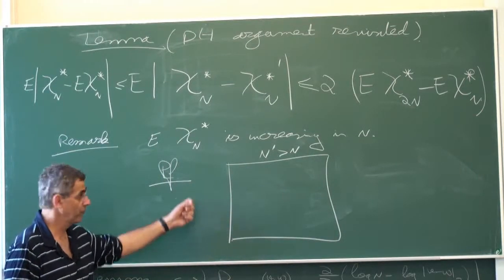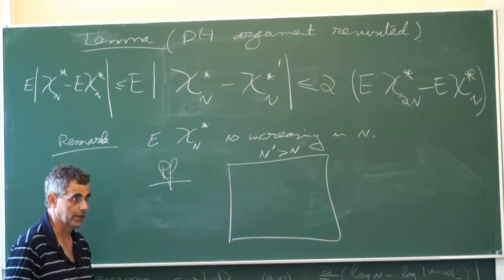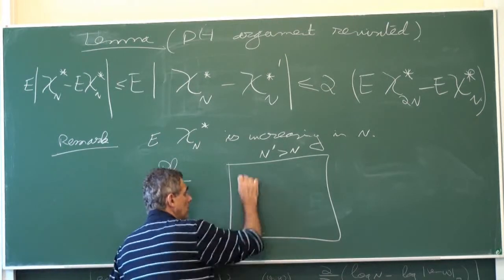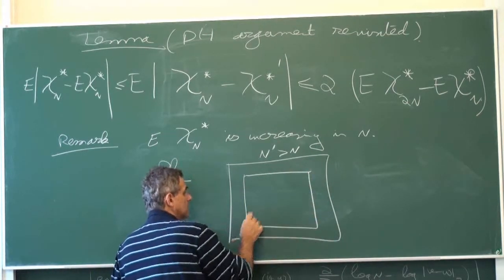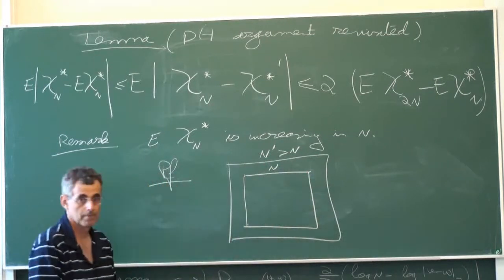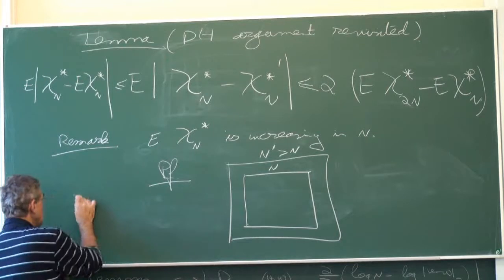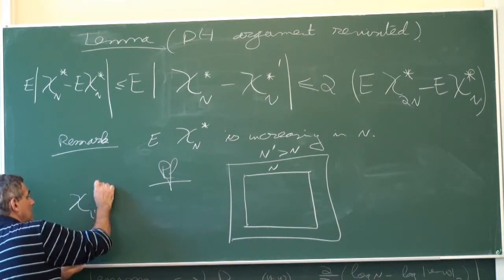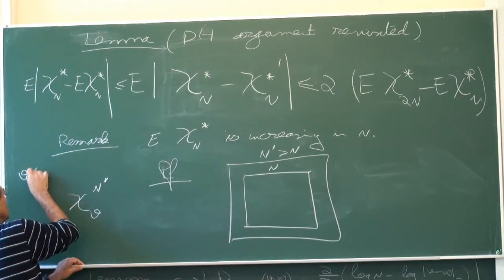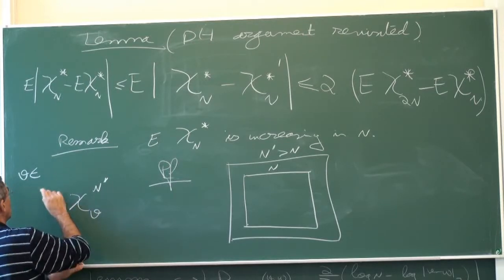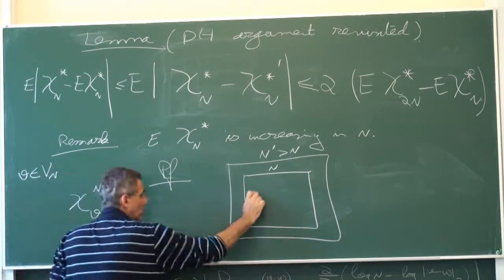This is a Gaussian free field in a box slightly larger than n. Let's take now a box inside of size n. Let's decompose X_v^{n'} for v in V_n, in this smaller box.